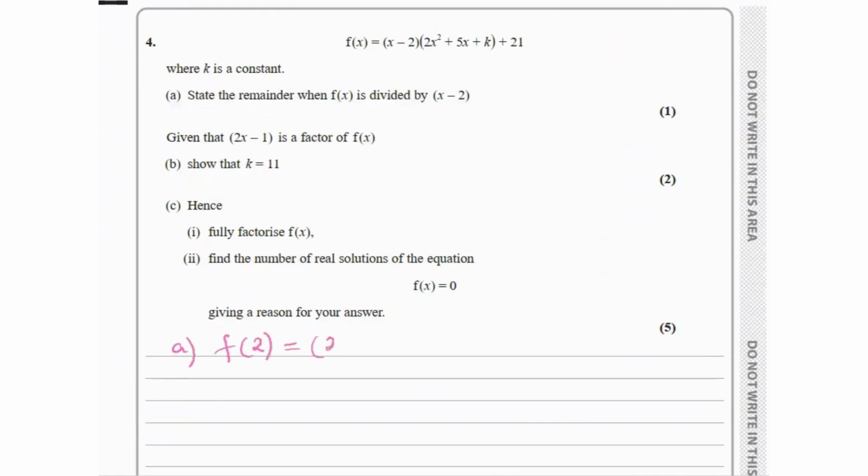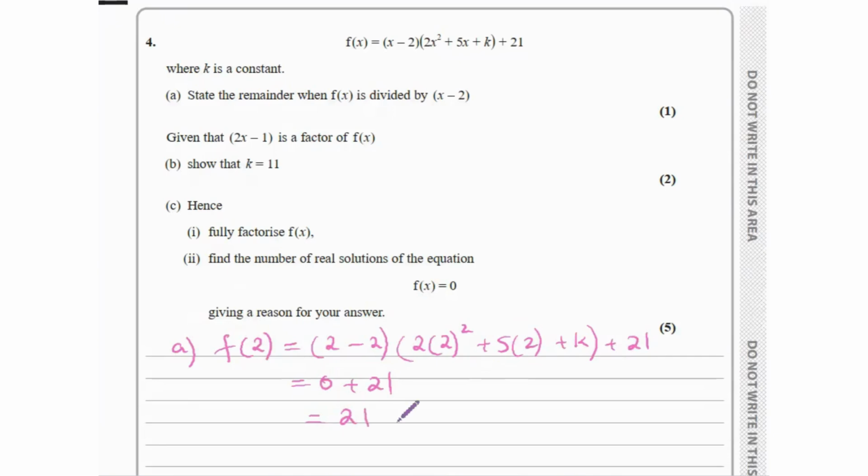That's going to be 2 minus 2 times 2 squared plus 5 times 2 plus k, plus 21. 2 minus 2 is 0. 0 multiplied by the entire bracket is also going to be 0. So 0 plus 21 and the remainder is 21.